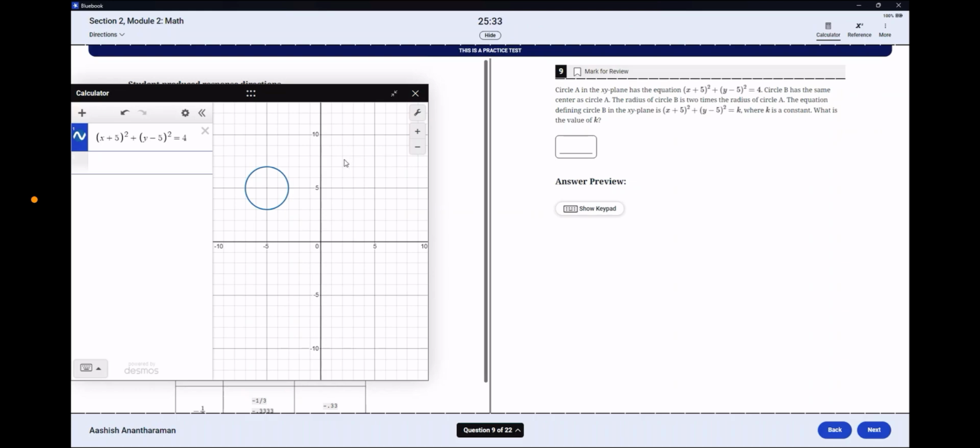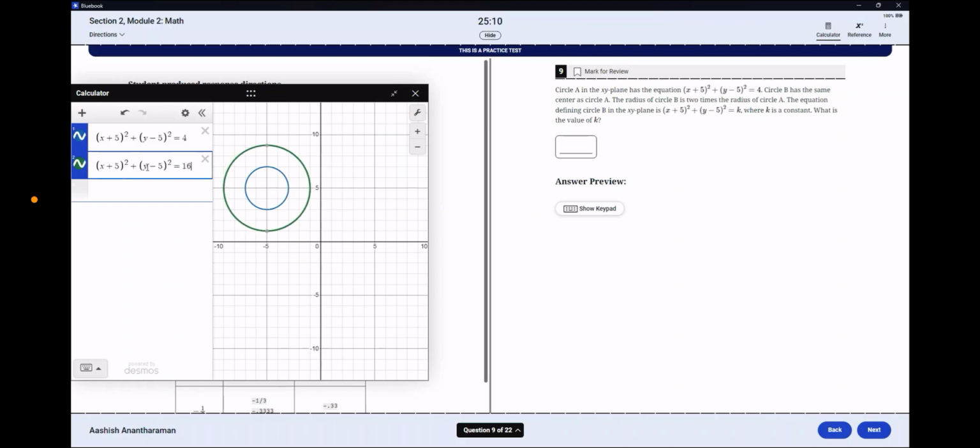So you know that B is going to be like this. We already know the center is negative 5, 5. So if the radius is 2 times it, you're just going to do essentially this. The part on the left is going to stay the same because it has the same center.